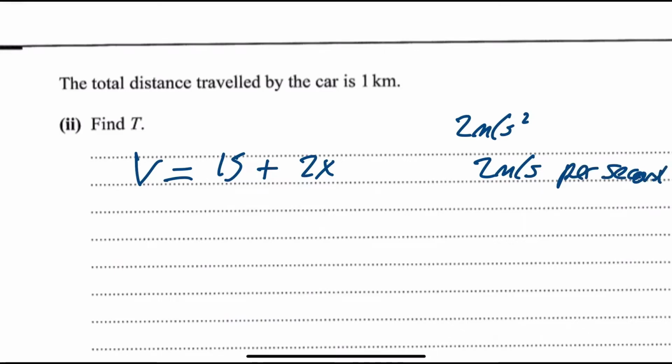If you understand those units, it makes it a lot easier. So if you've gone for 5 seconds, your speed has increased by 2 by 5. So it's 15 plus 10. My v is equal to 25 meters per second.